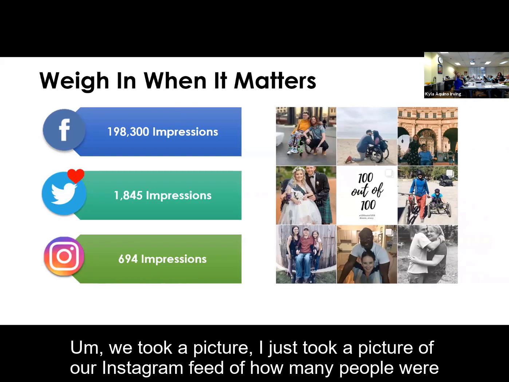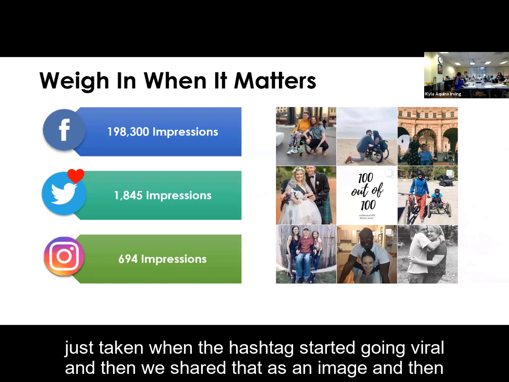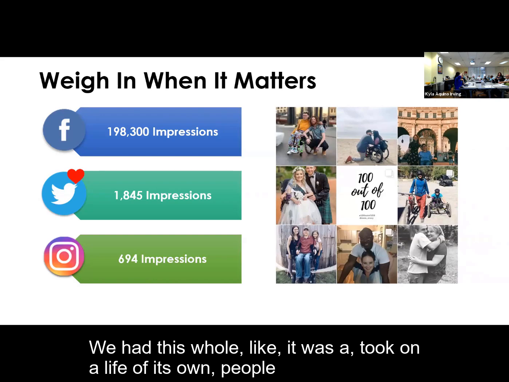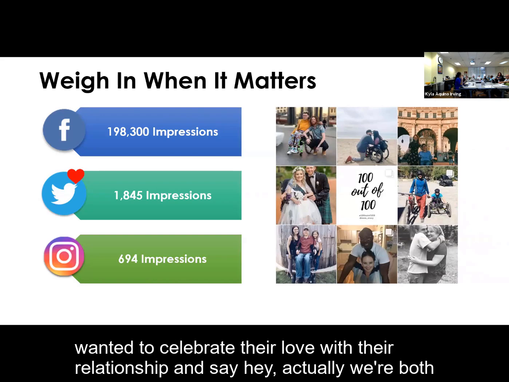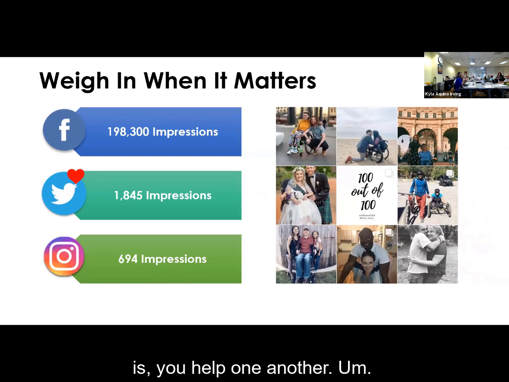I took a screenshot of our Instagram feed of how many people were using that hashtag, just when it started going viral. Then we shared that as an image, and people responded with their own photos. It took on a life of its own. People wanted to celebrate their love and say, hey, actually, we're both disabled and we help each other. This is what marriage or a partnership is, you help one another.